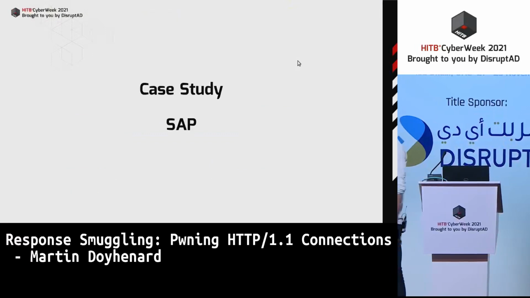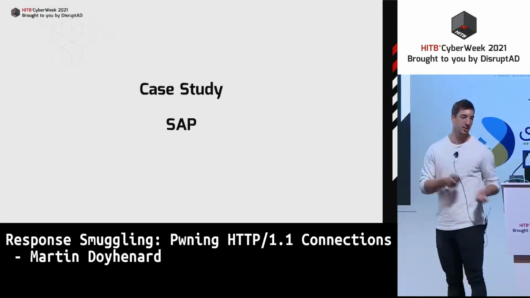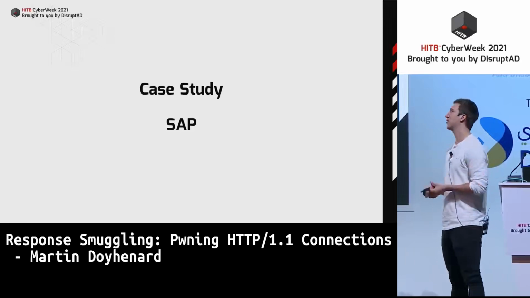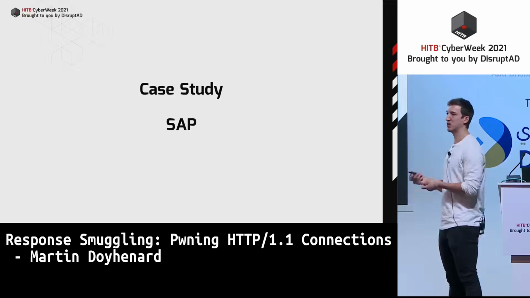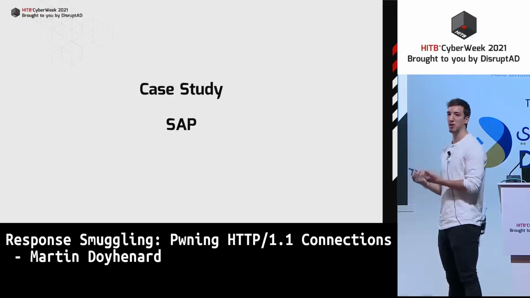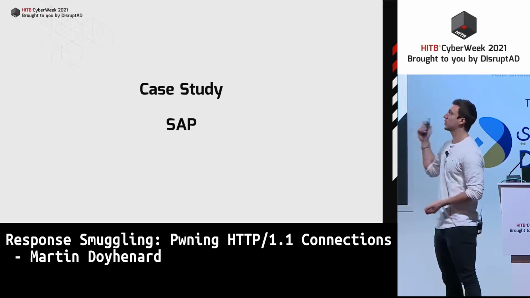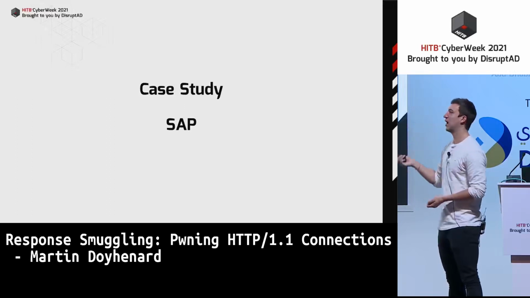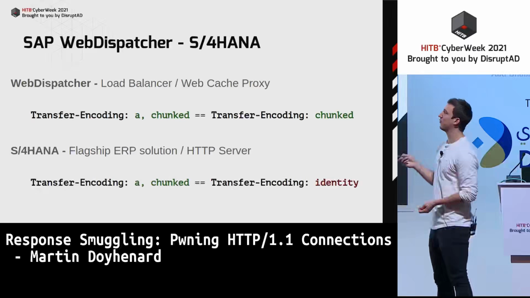Okay, so finally, I want to show that this is possible in real systems. I established a small lab, but you might say, okay, you are doing some tricks, and this is not possible in real cases. I was able to do it in Google, but I'm not able to show it. But I am able to show SAP, because I do have an old version of SAP. The vulnerability in SAP was kind of different.